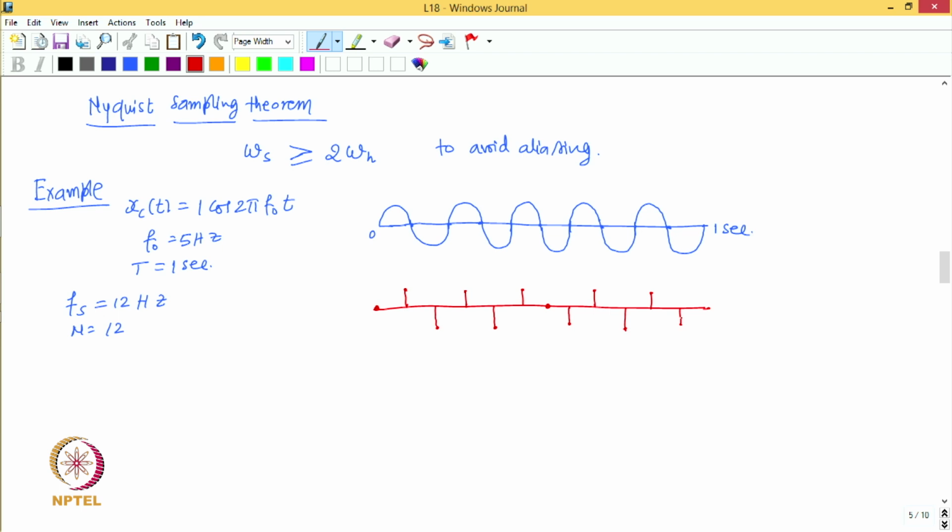So, these are the 12 samples we have got.